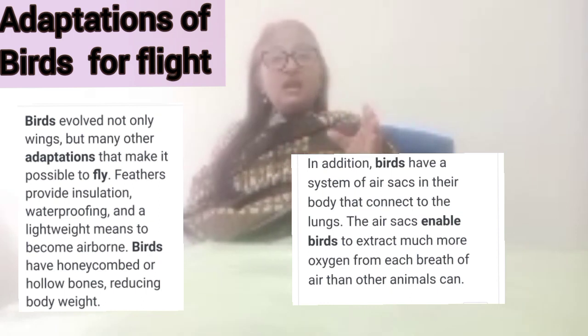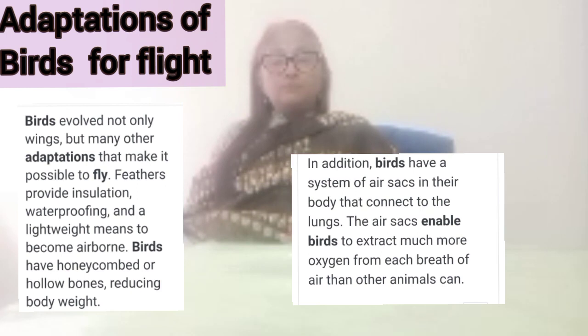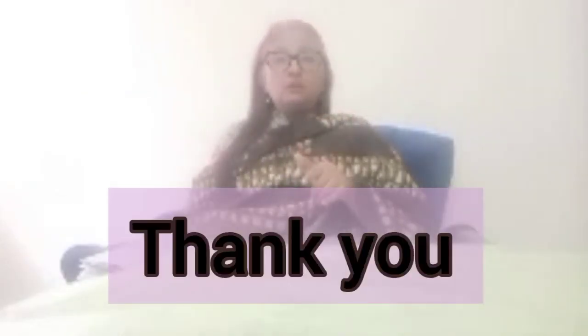They have a tail which helps them to change the direction, and also the body is streamlined to cut through the air. These are some of the adaptations of birds for flight. So with that, we conclude this video.